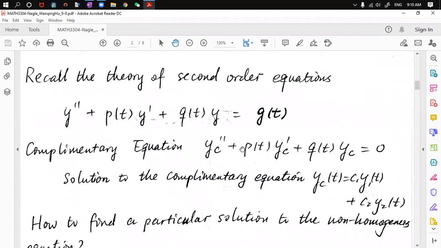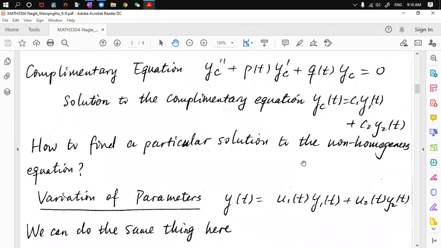As we just recalled at the beginning of this lecture, in the series on second order equations, if you start from a non-homogeneous second order equation, you first work with the complementary equation, and the complementary solutions are linear combinations of the fundamental solutions.